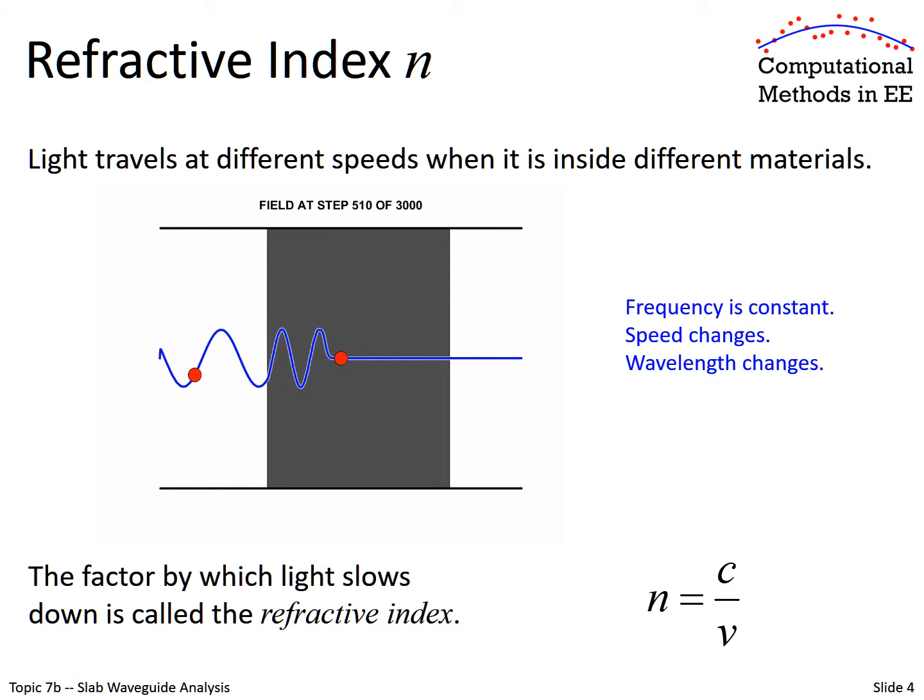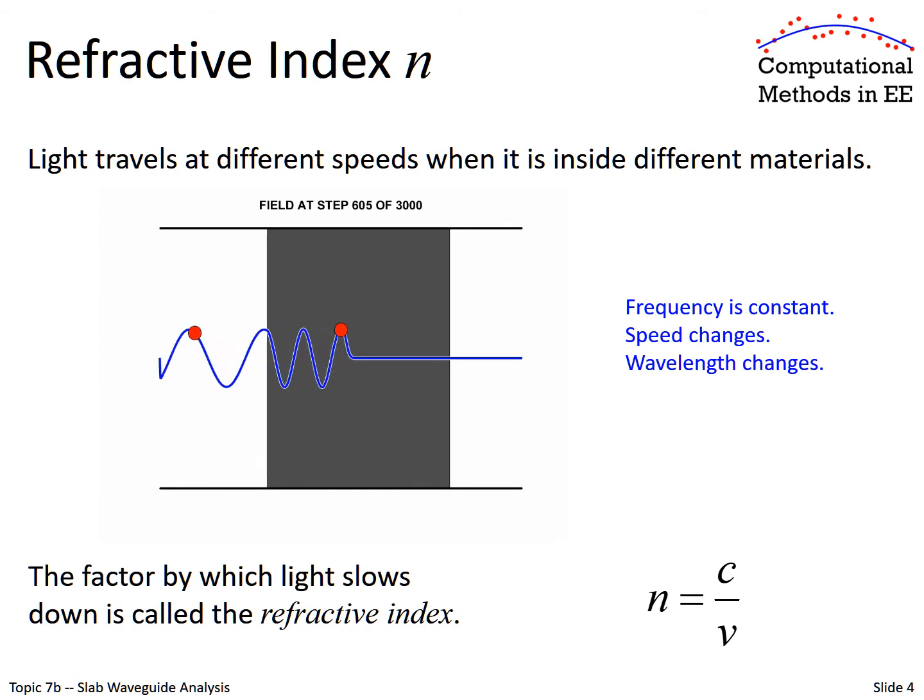We begin our discussion with a material parameter called refractive index. And it turns out when a wave goes from one material to another, it either speeds up or slows down. And we can characterize the speed of a wave inside of a medium through this parameter called refractive index.